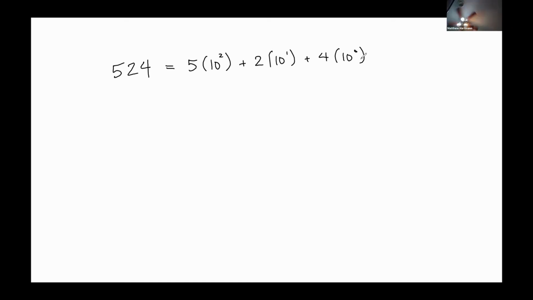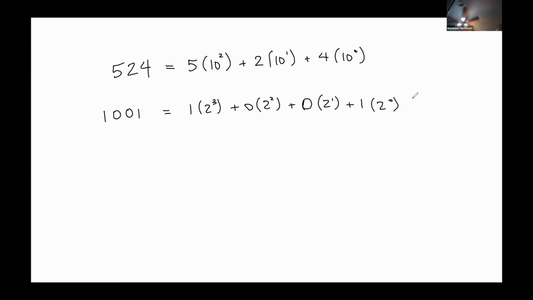So for a 4-bit binary number, let's say that we have 1001. This means that we have 1 times 2 to the 3 plus 0 times 2 to the 2 plus 0 times 2 to the 1 plus 1 times 2 to the 0.